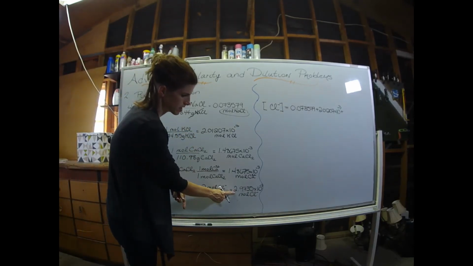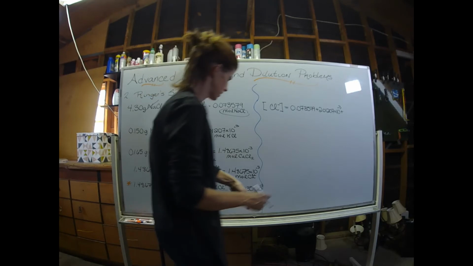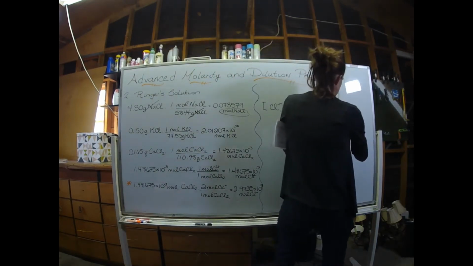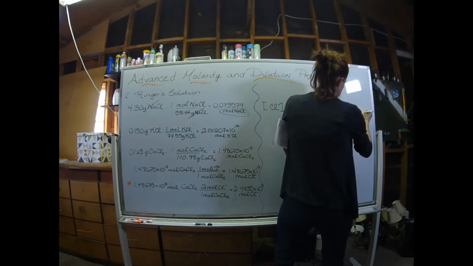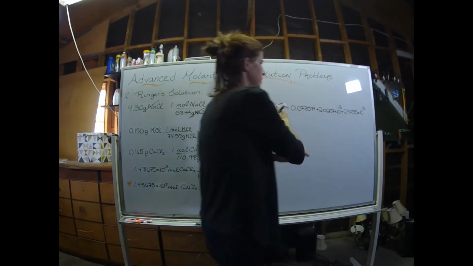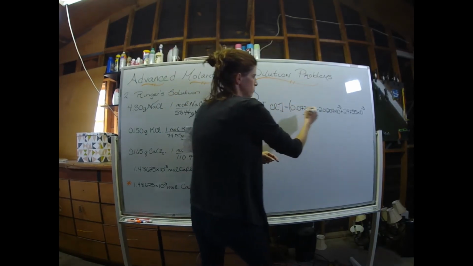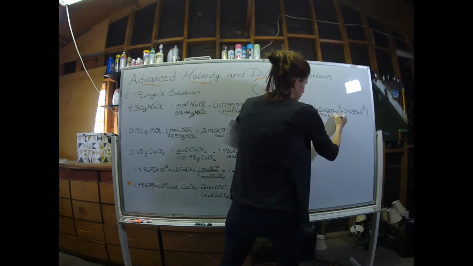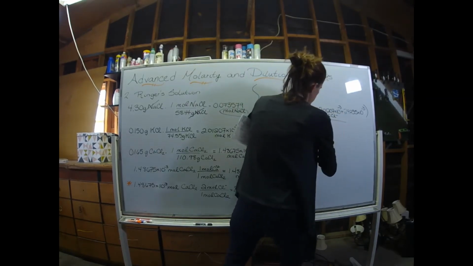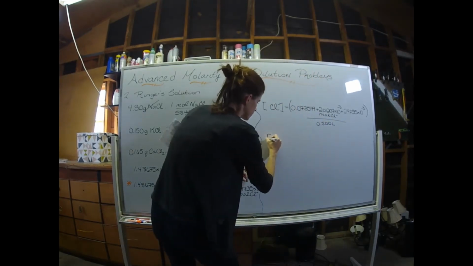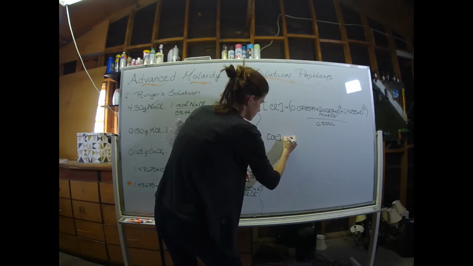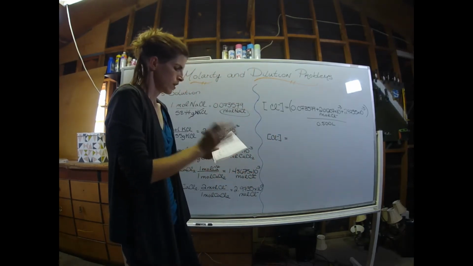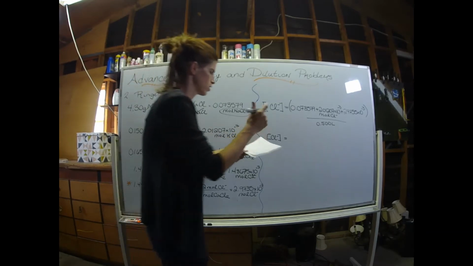So I'm going to use this number down here, 2.9735 times 10 to the negative third. So up here in the numerator, this represents my total moles of chloride. And then I'm going to divide by the 0.500 liters. Either use a big parentheses or do it in 2 steps.